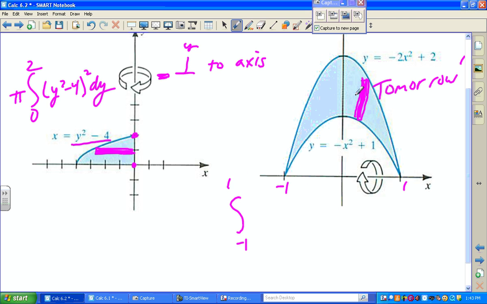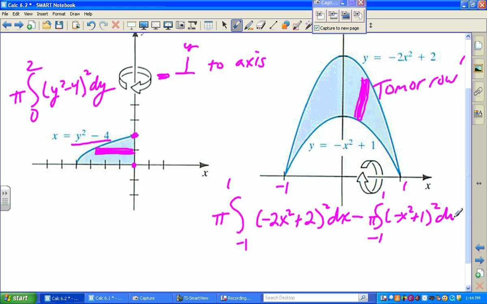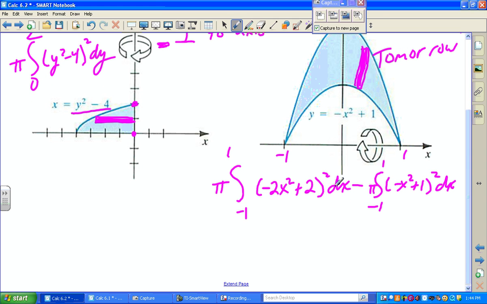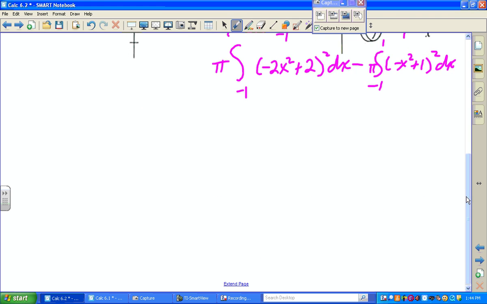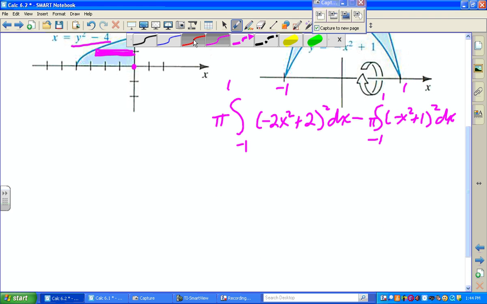Negative 1 to 1 of pi times negative 2x squared plus 2, squared, dx minus negative 1 to 1 of pi times negative x squared plus 1, squared, dx. The problem is those have the same bounds, don't they? So if they have the same bounds, how can you write that as one integral?